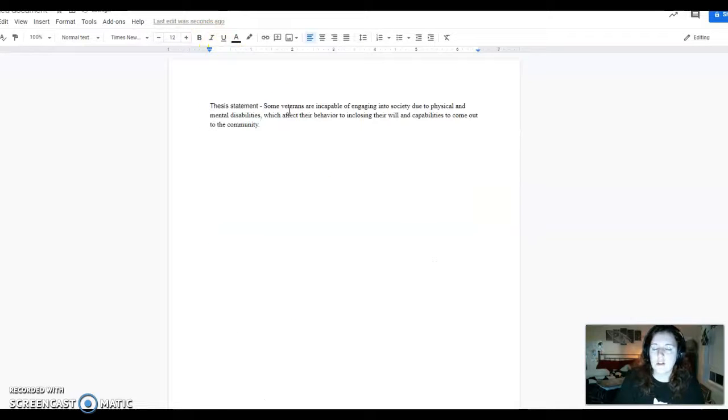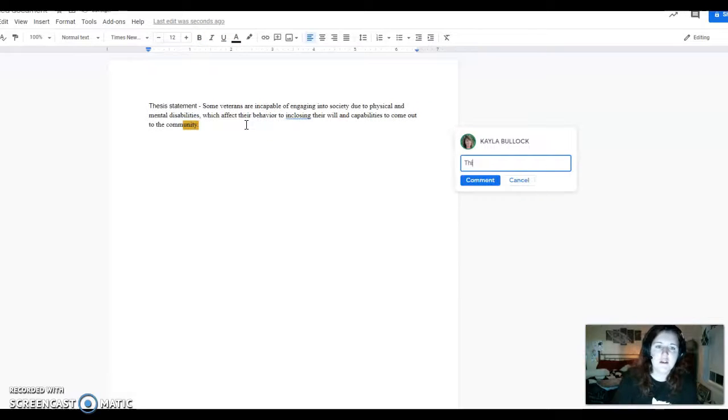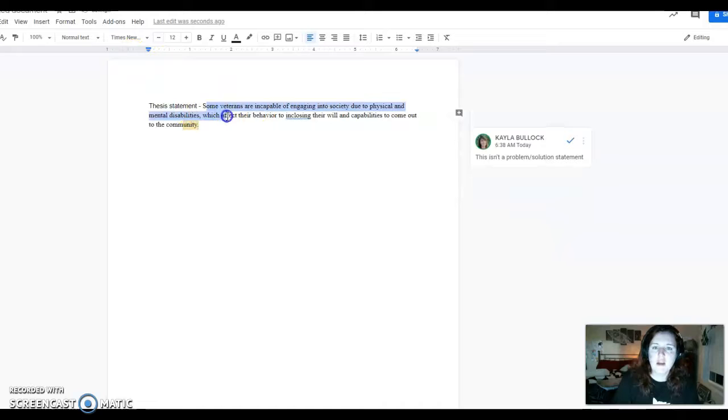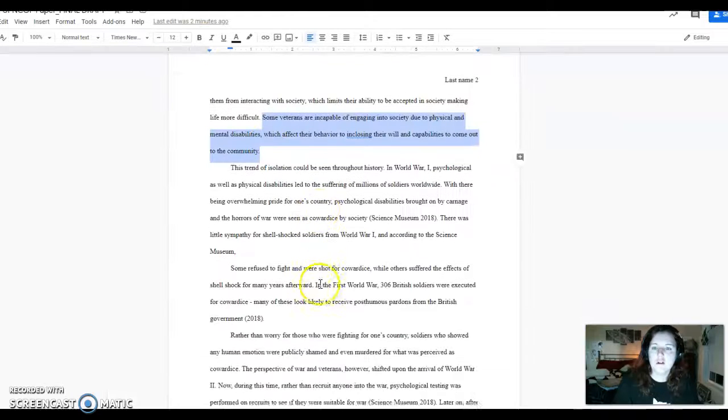All right, so what we're going to do is take notes on it. This isn't a problem-solution statement, because it has the problem here, but it doesn't really say anything about the solution.